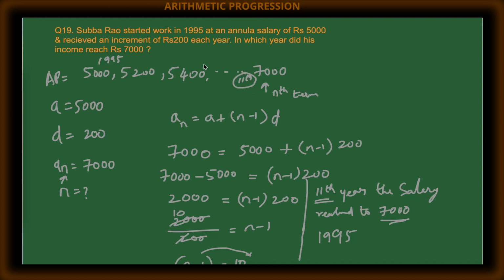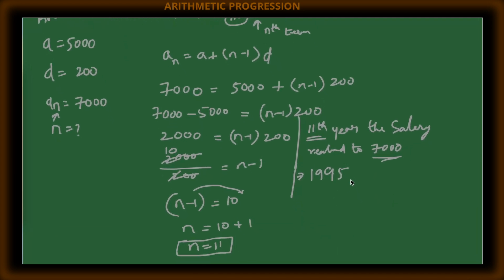So 11th year means it will be plus 10, because in 95 it is the first. Then we need to add 10 more years. Because there might be a confusion that you might try to add it as 1995 plus 11. 11 is not there.